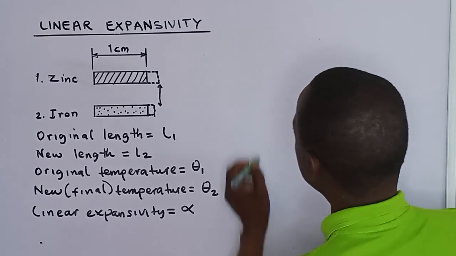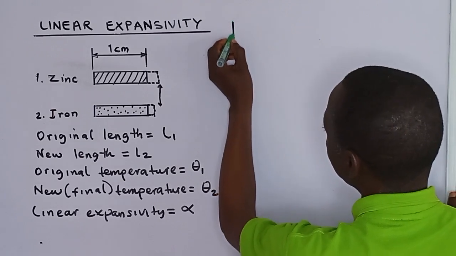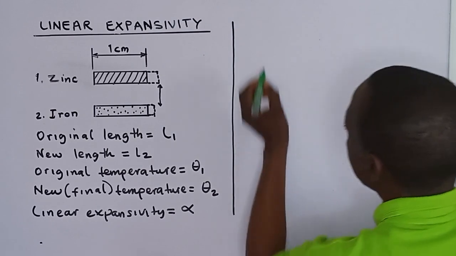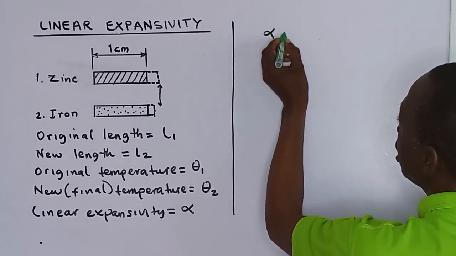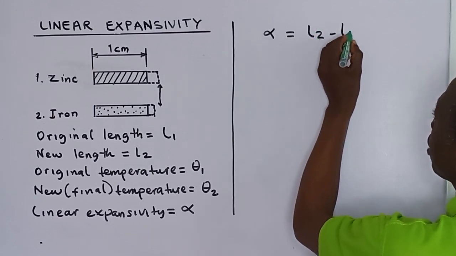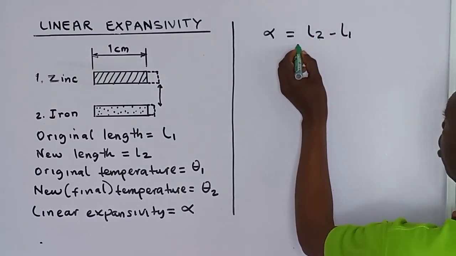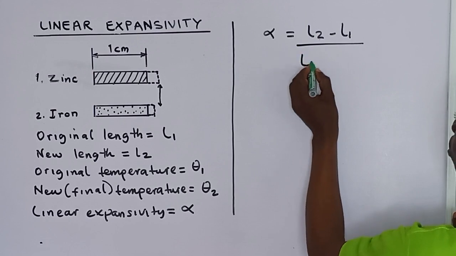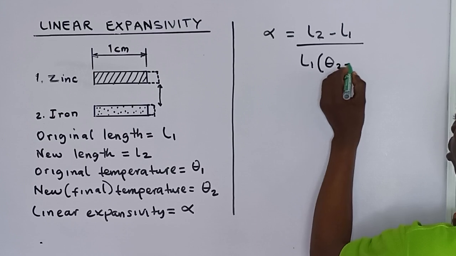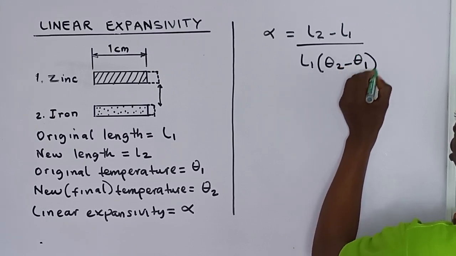So what then is the linear expansivity? There's a formula which I'm going to state here. It says alpha is equal to L2 minus L1 all over L1 times bracket theta 2 minus theta 1.